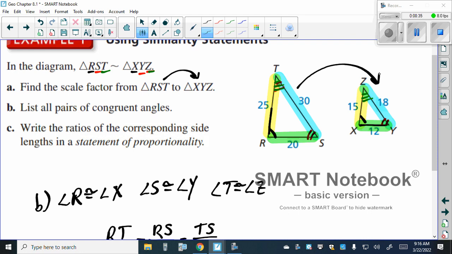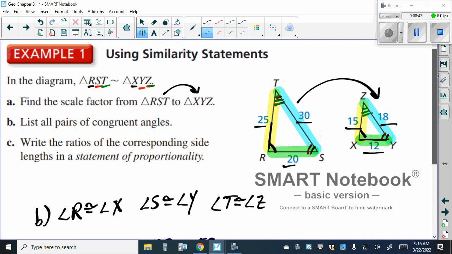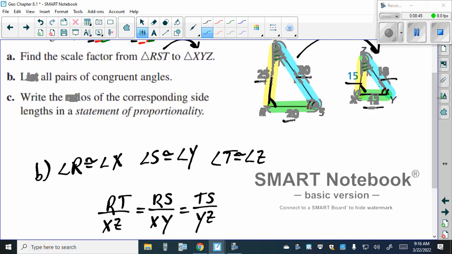Smaller, because we're going from 25 to 15, or from 32 to 22. So our scale factor needs to be something less than 1. Because if it's greater than 1, it means it's getting bigger. If it's getting smaller, it needs to be less than 1.